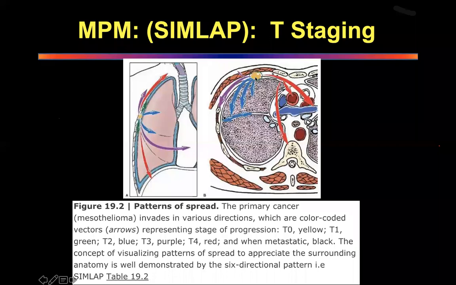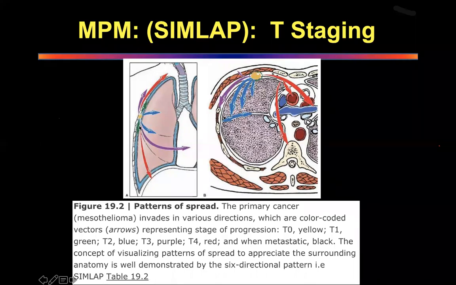So when you look at yellow, which is just localized tumor, it is T0. If you look at green, which is spread superiorly or inferiorly along the parietal pleura, it is T1. If you look at blue, which is invasion into the visceral pleura, it is T2.